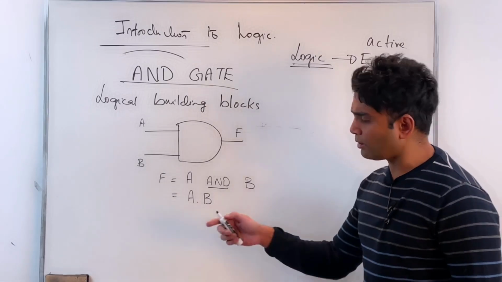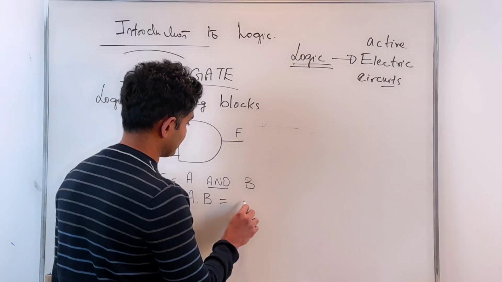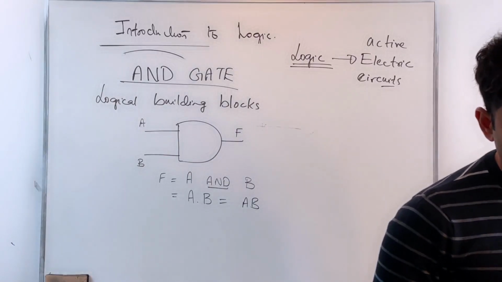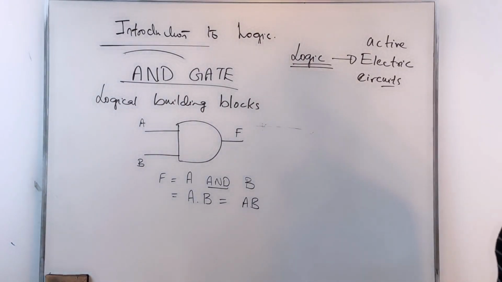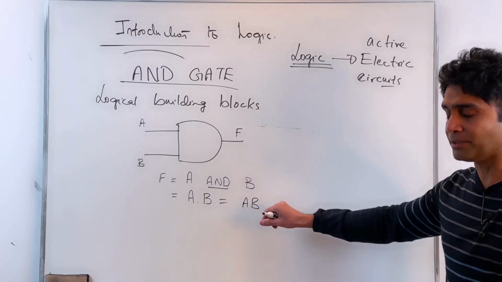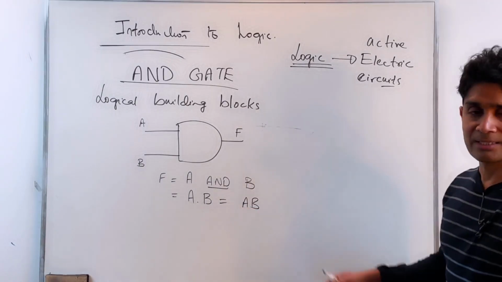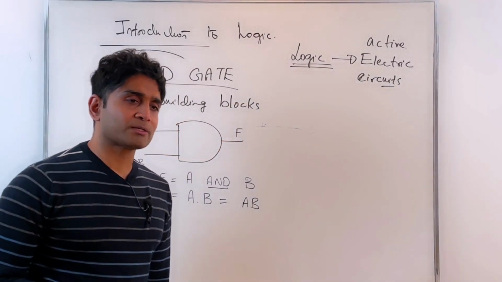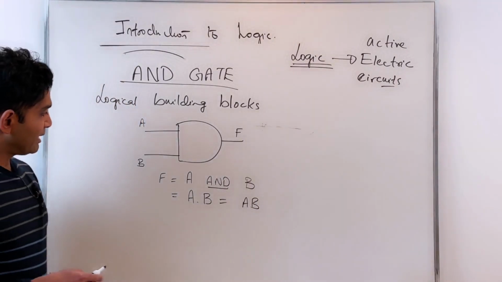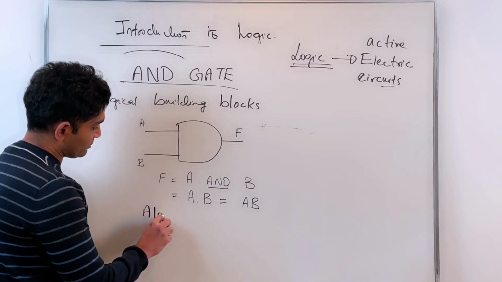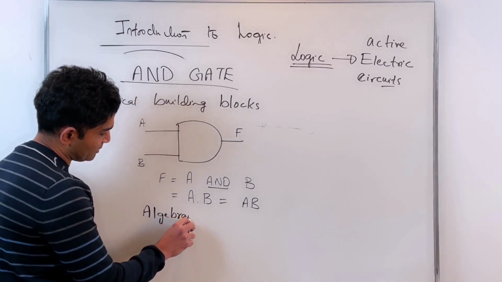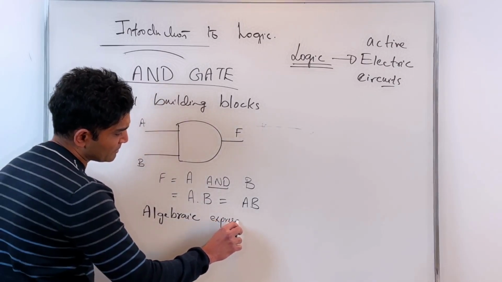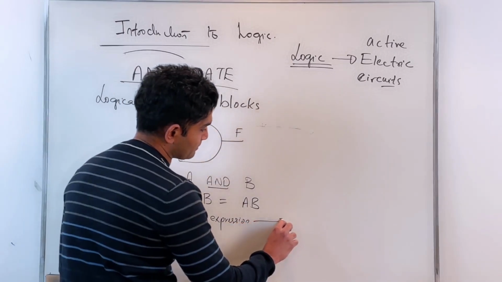So when you see A dot B, or I can even write this simply as AB, just like you would write in algebra, right? You're familiar with AB. So that's basically A and B. I will read it in this context as A and B. In fact, we will express logical operations as algebraic expressions, and we call this Boolean algebra.